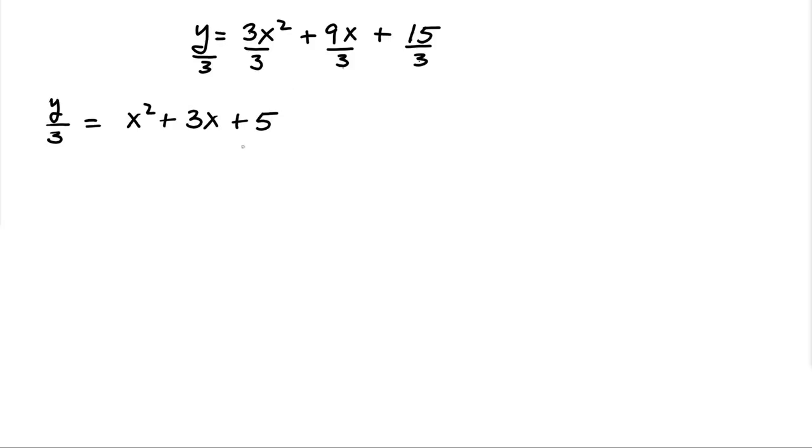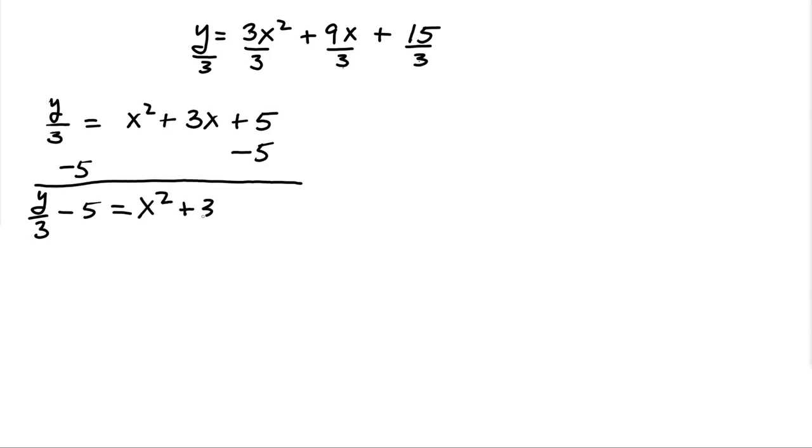I bring the 5 over to the other side. So I get y over 3 minus 5 equals x squared plus 3x, and then that's 0. Now again, I want this to be a perfect square quadratic.